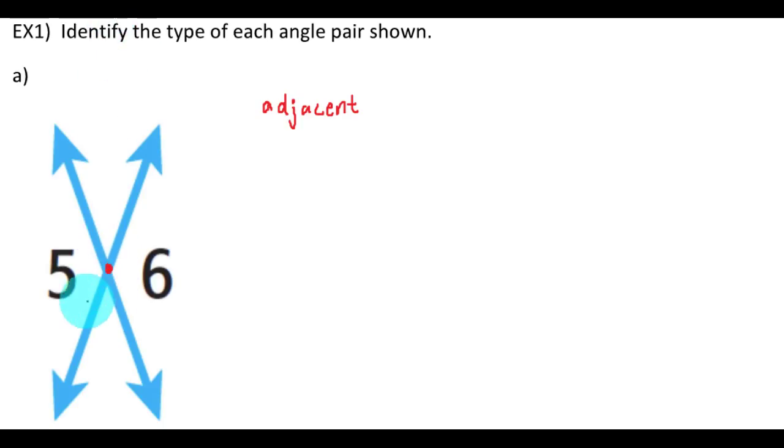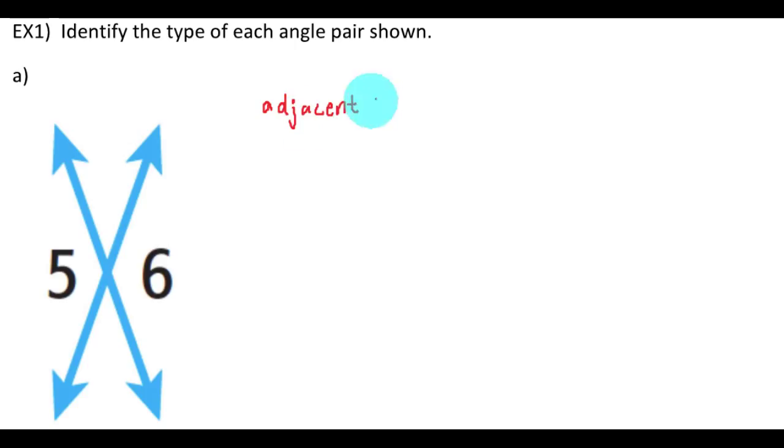We have two more adjacent angles. One would be angle 6 and its adjacent angle on the other side, or again angle 5 and its adjacent angle on the other side. Basically they're angles that touch each other and they share a ray and a common vertex. Cool stuff.